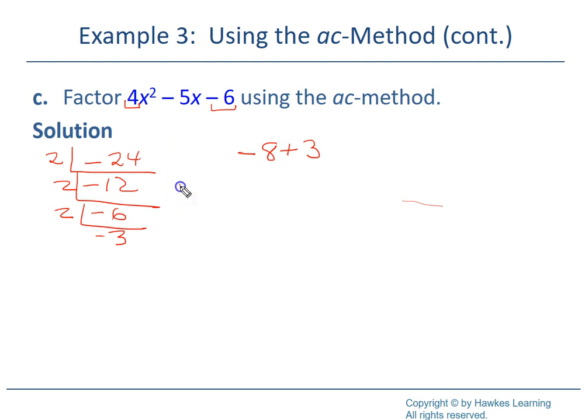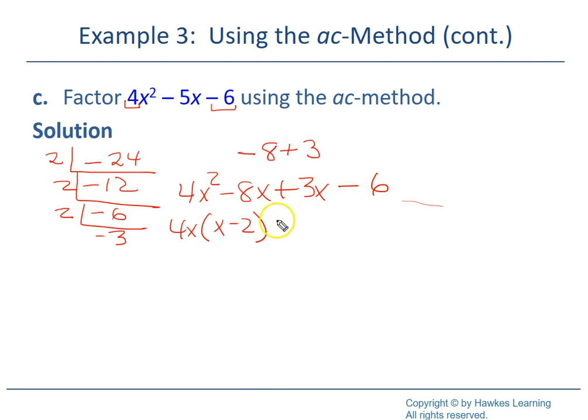So now I have to rewrite it. 4x squared minus 8x plus 3x minus 6. I'm using these factors to redefine my b term. So I'm going to factor out here a 4x, and I get an x minus 2.